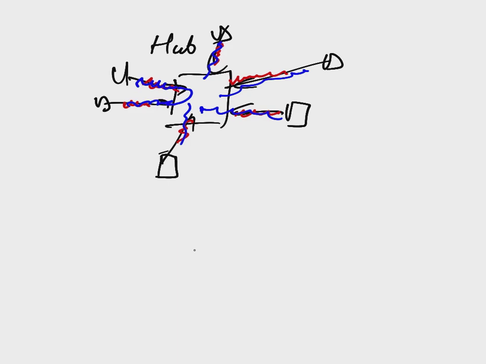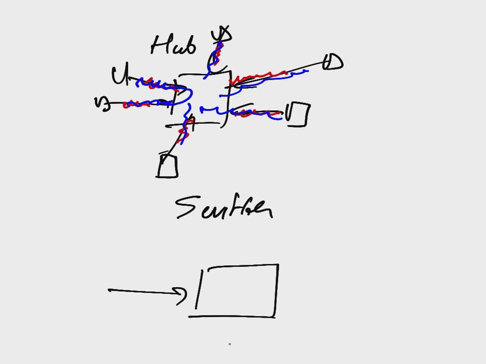Then most of these hubs are actually switches, which is a much more complicated device, and it actually splits communication from device to device using virtual channels.